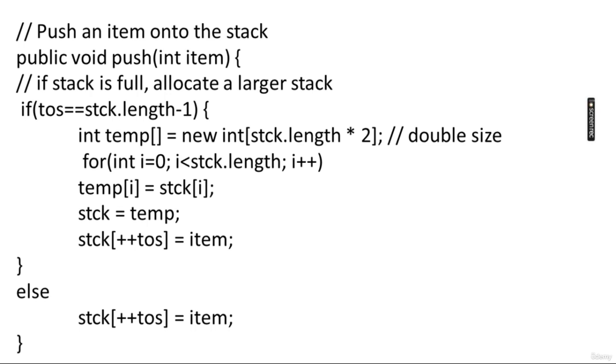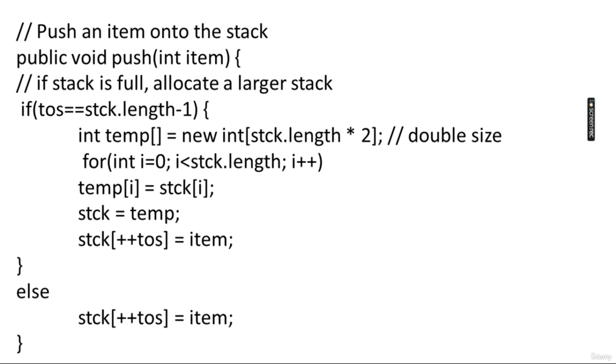I will double the stack size. In an integer temp array, temp is equal to new int[stack.length * 2]. Suppose the initial stack length is 5, I will double it, I will make it 10. If the initial size is 20, I will double it, I will make it 40.